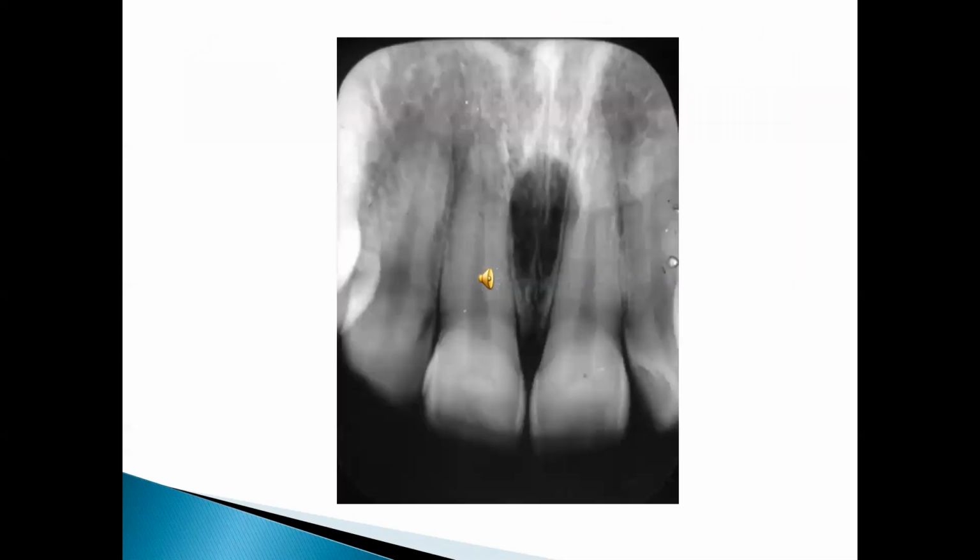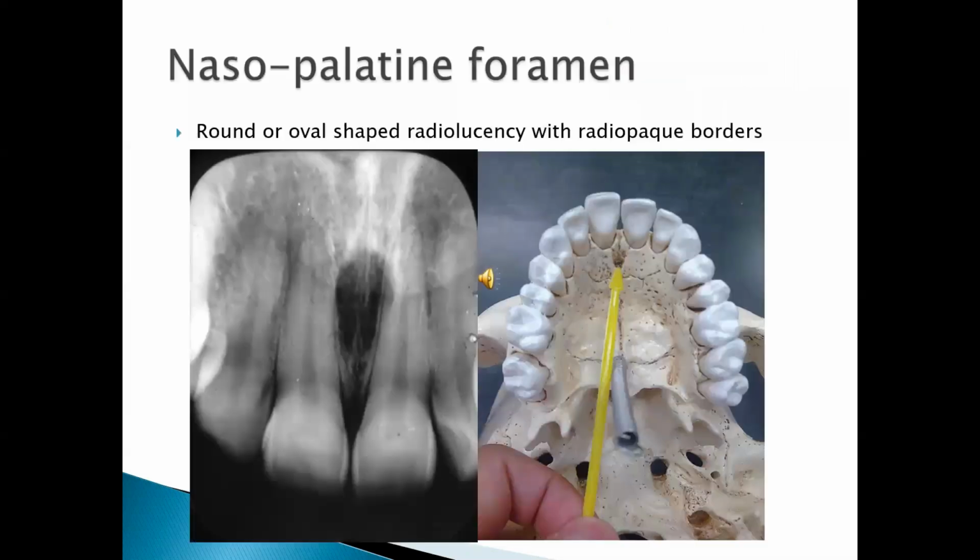You can take another 10 seconds to guess what this circular appearing radiolucent area present in between the roots of the two central incisors is. We'll discuss it in the very next slide. The radiolucent area in between the roots of the two central incisors is the nasopalatine foramen.